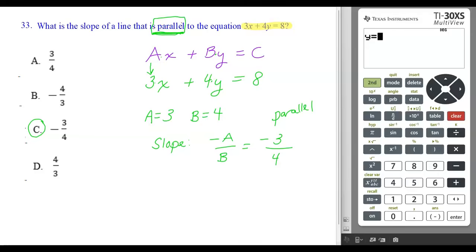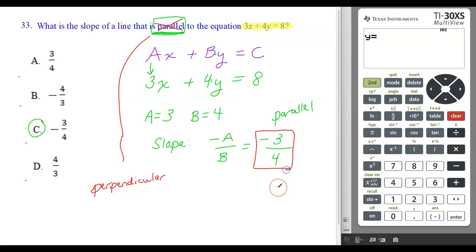Or instead of parallel, it might say perpendicular. For example, it might say, what is the slope of a line that is perpendicular to this equation? If that happens, what you do is you take this answer and you flip it. You do a flippy-whippy.